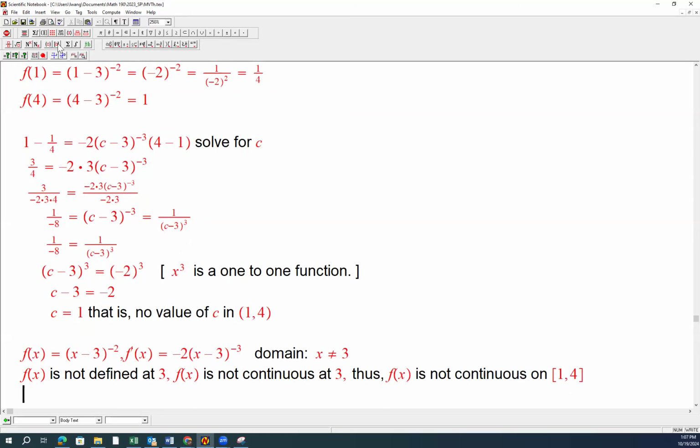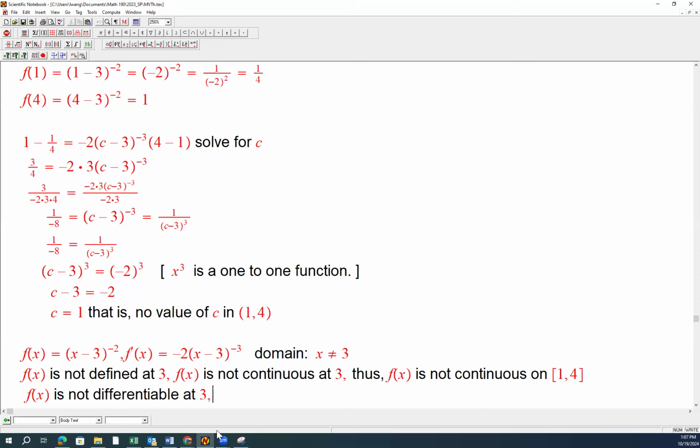And if f is not continuous, certainly it is not differentiable, right? So we can say f is not differentiable at 3.